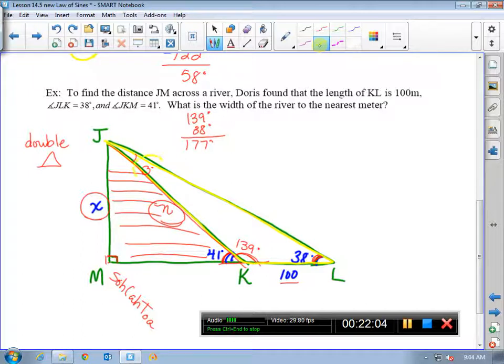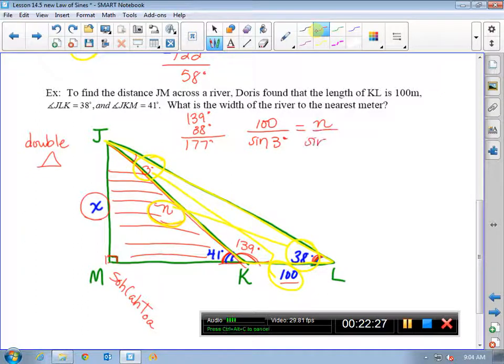We have an angle of 3 degrees across from a side of 100. And we have the side we want, n, across from an angle of 38 degrees. So we're going to set up our first proportion as 100 is to the sine of 3, as n is to the sine of 38.